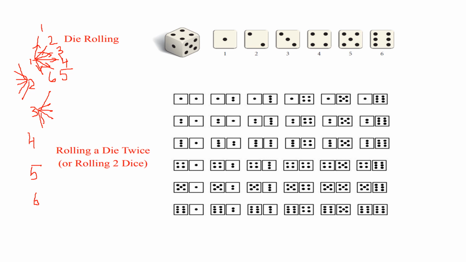Then starting with 2: 2,1; 2,2; 2,3; 2,4; 2,5; 2,6. Same for 3: 3,1; 3,2; 3,3; 3,4; 3,5; 3,6. And the same for 4, 5, 6. So the total outcomes here are 36. This is the tree diagram for rolling a die twice.